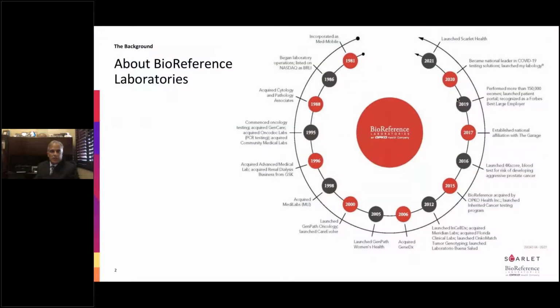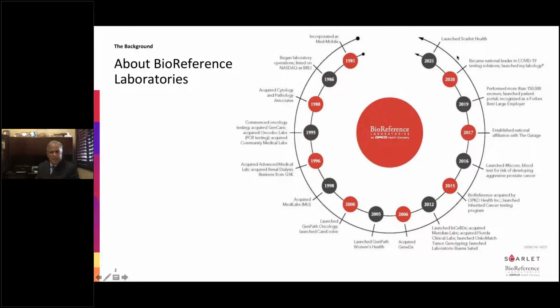BioReference is the third largest commercial laboratory in the United States, and it was incorporated back in 1981. Originally founded by a physician, currently still to this day, our executive chairman, Dr. Cohen, and our holding company CEO, Dr. Phil Frost. So very patient and very physician focused from the top down, still led by physicians.